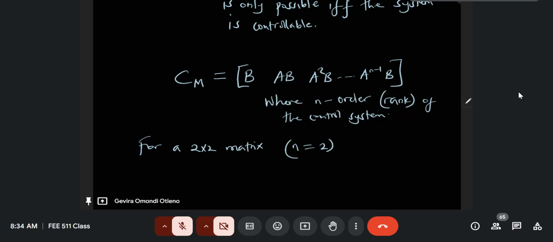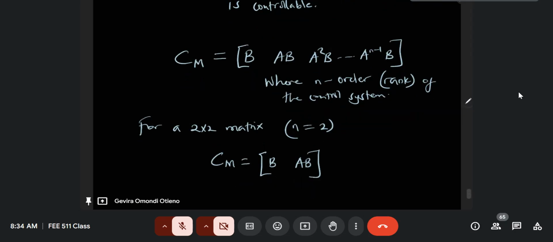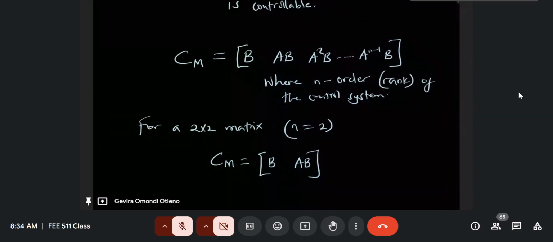And therefore, your control matrix changes because n is 2. The control matrix will just be B and AB, because with n minus 1, if n is 2, then we have AB as the matrix in that column. So you have B, AB, and that is for a 2 by 2 matrix.